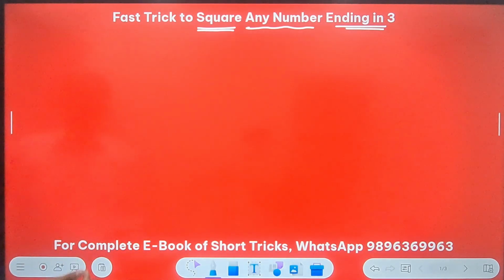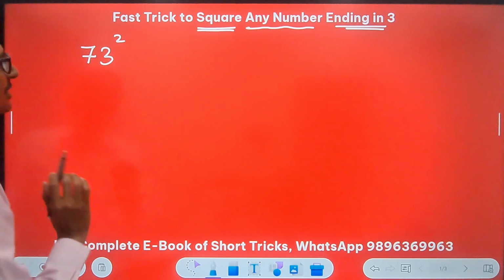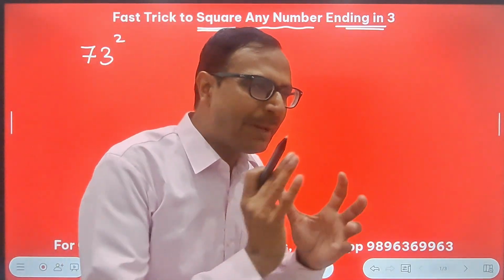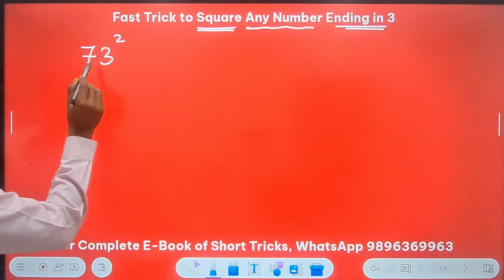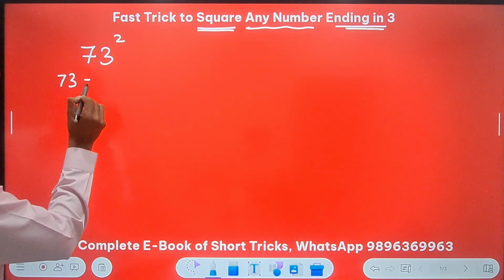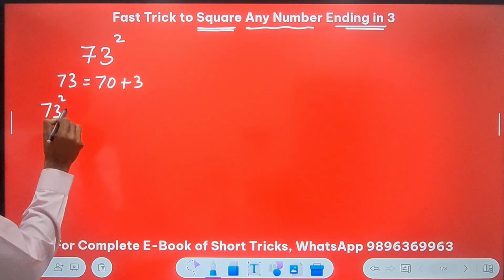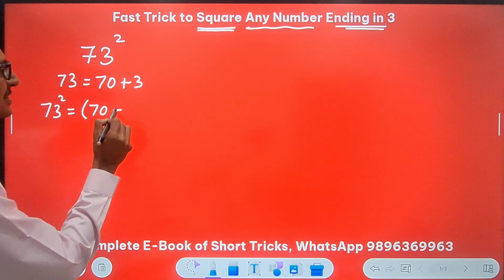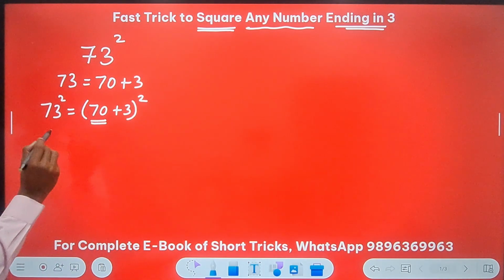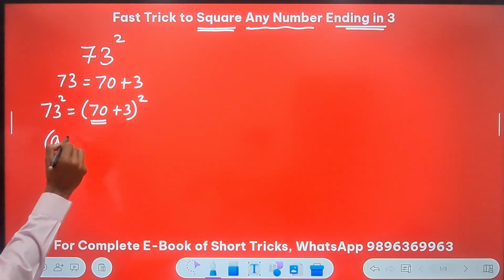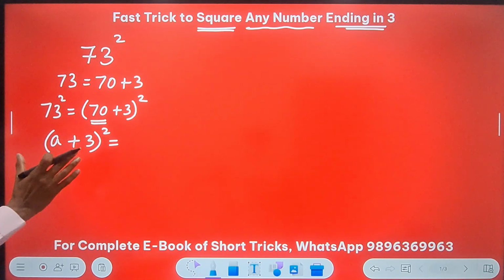So suppose there is a number like 73 and I need to find the square of 73. Let's break it up like this: 73 written as 70 plus 3. And so 73 square is actually to be written as 70 plus 3 whole square, right? Now if I assume this number 70 as a, and plus 3 is obviously there, then I can apply the identity and expand this.